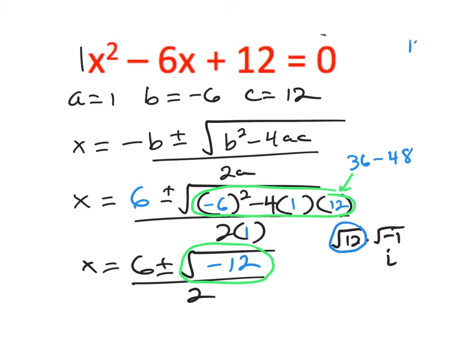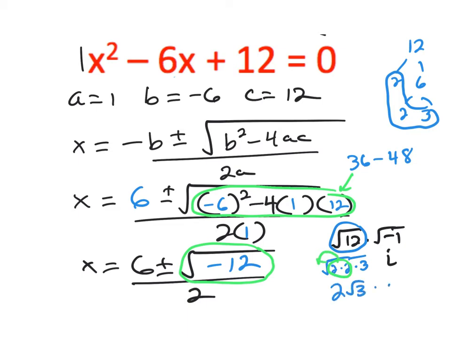And if you make a factor tree of 12, that's 2 and 6, that's 2 and 3. Here's the prime numbers. So the square root of 12 can be written as 2 times 2 times 3, and since it's a square root, every pair, we can pull out 1. And so it'd be 2 square root of 3 i, or better yet, we write 2i square root 3.